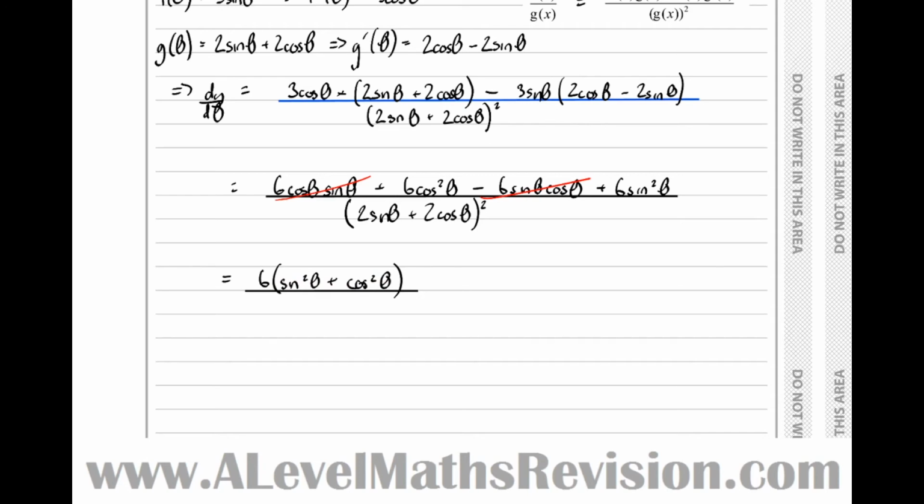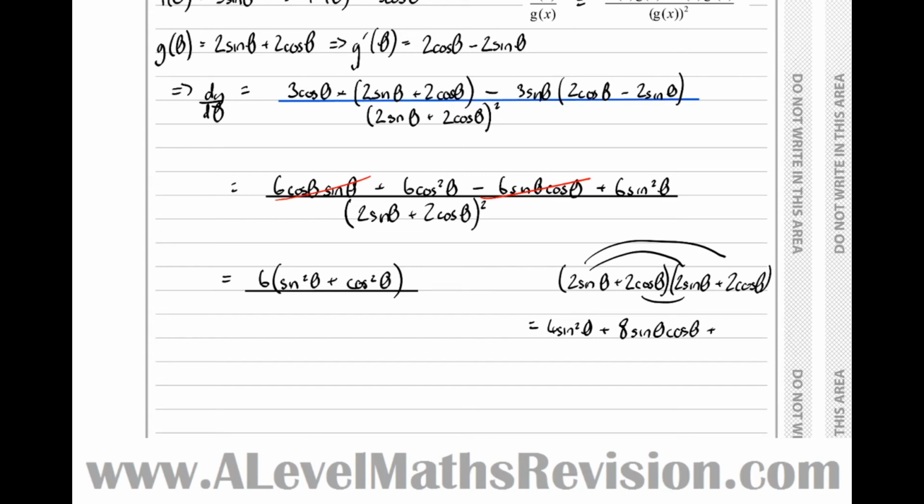And I think we're going to have to multiply out this bottom bracket now. So let's do it at the side here. We've got 2 sine theta plus 2 cos theta, times 2 sine theta plus 2 cos theta. That's equal to 4 sine squared theta, plus 2 sine theta cos theta times 2 sine theta cos theta twice, so that makes 8 sine theta cos theta, plus 4 cos squared theta.